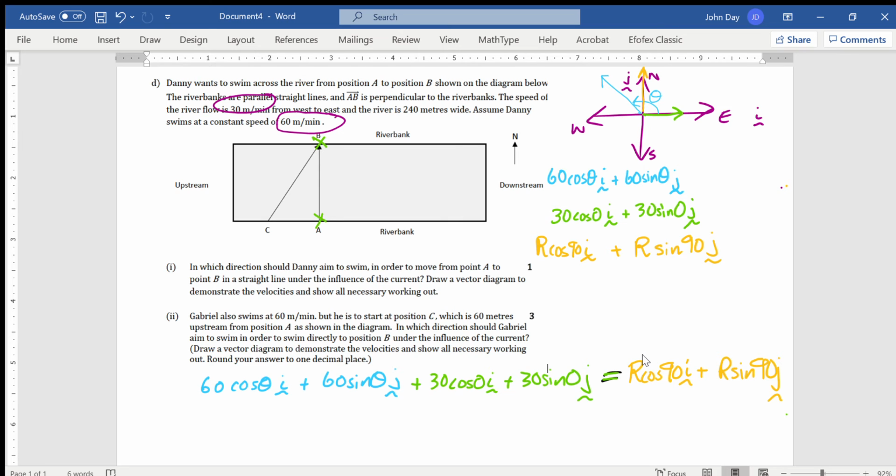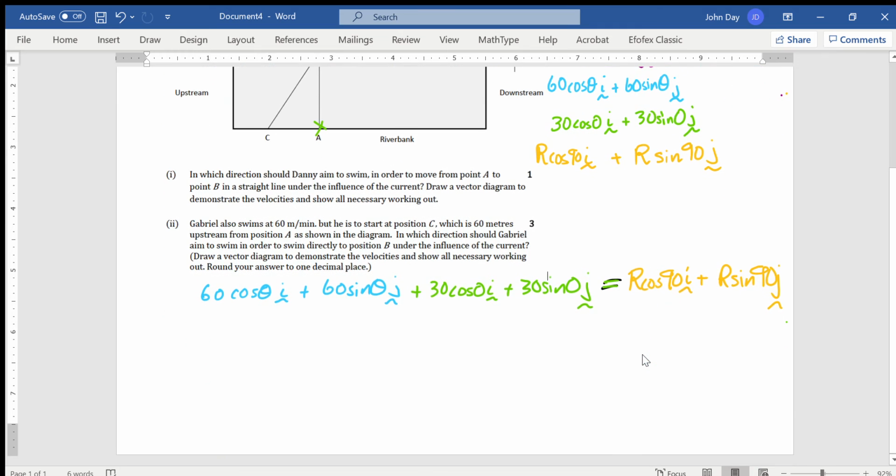Now, on the left-hand side, I can gather together all the I parts. All right, so on the left-hand side, and how about I just grab a, say, a purple pen now. On the left-hand side, I've got 60 cos theta I parts plus 30 cos 0. Now, look, I know cos 0 is 1, so I'm just going to write 30. I've got that much I parts.